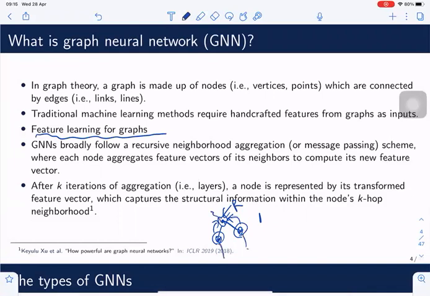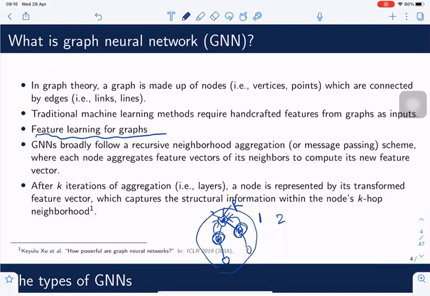If both of these nodes have their own neighbors, then in layer 2 these two nodes will already have been updated by their neighbors. So in layer 2, this node will capture the information of the whole neighborhood here.